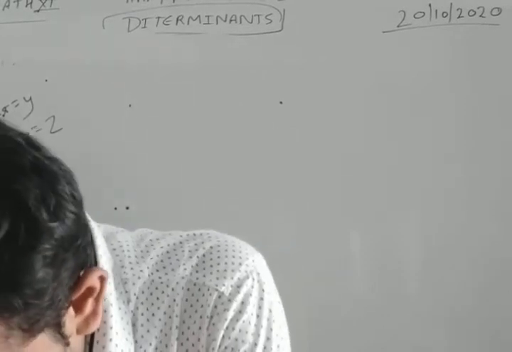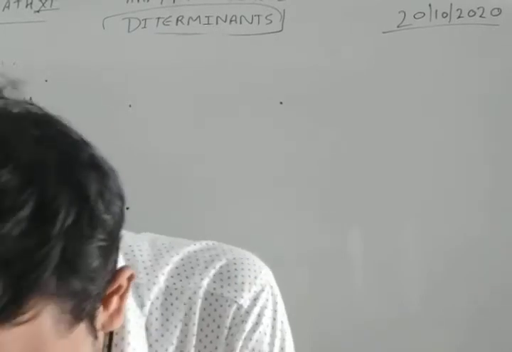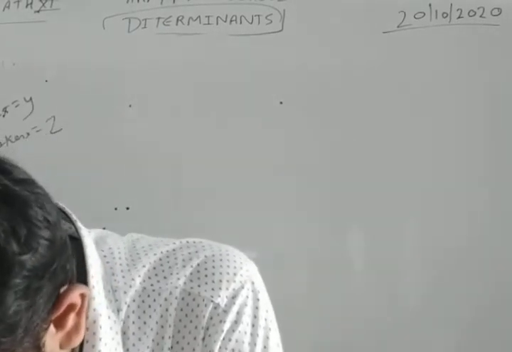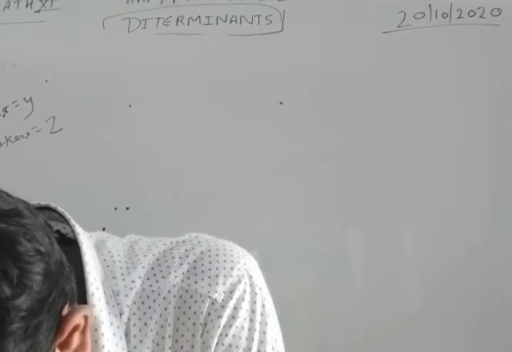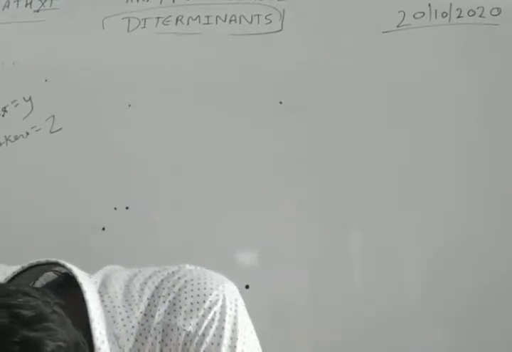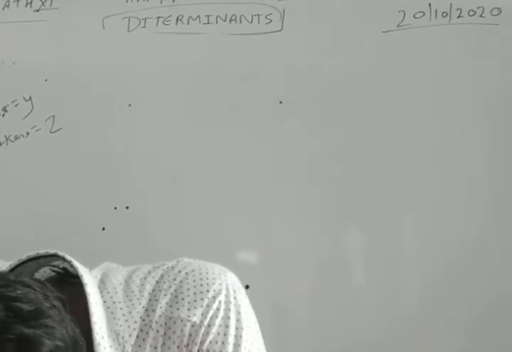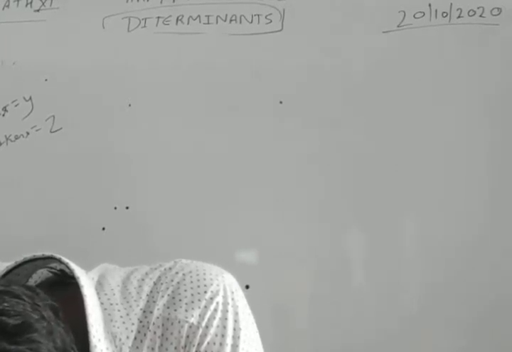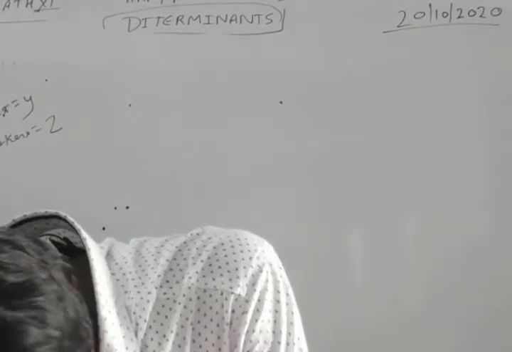Okay, the first condition is the sum of all the awardees is 12. The second is 3 times the sum of awardees for cooperation and supervision added to 2 times the number of awardees for honesty is 33. Okay, this is the second condition.